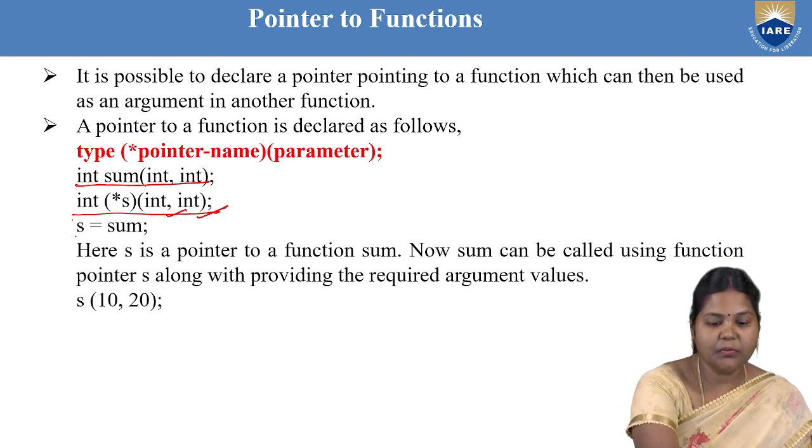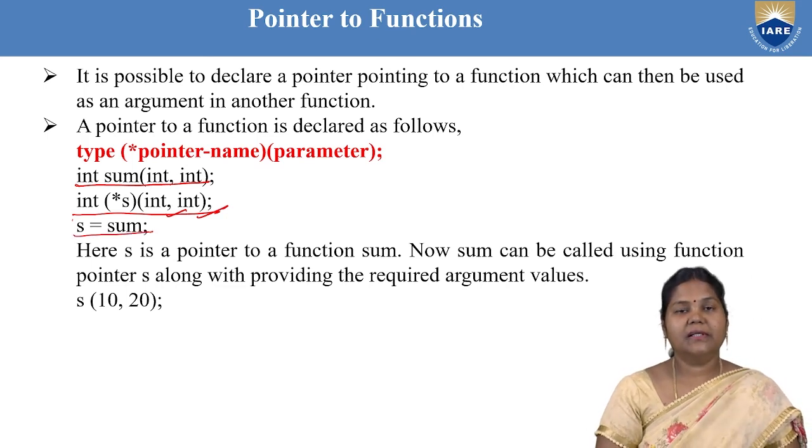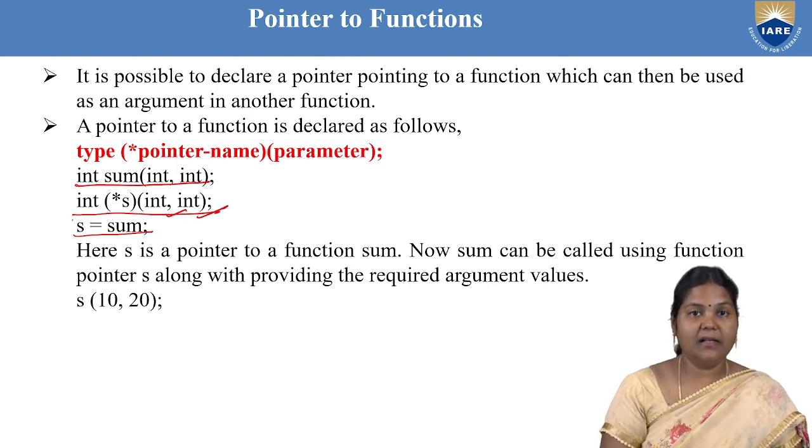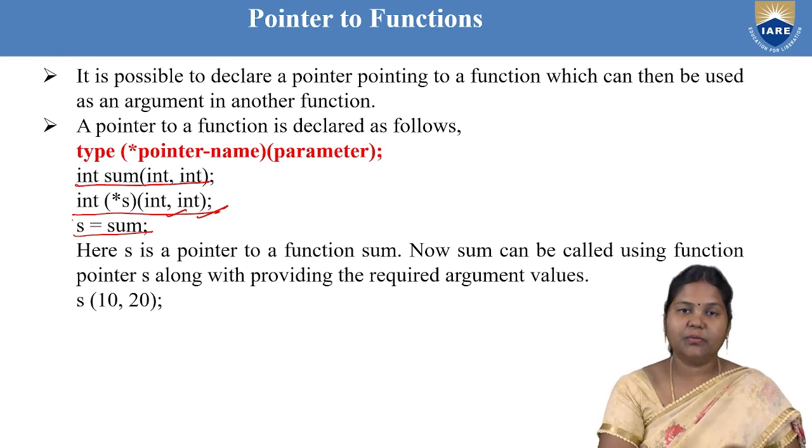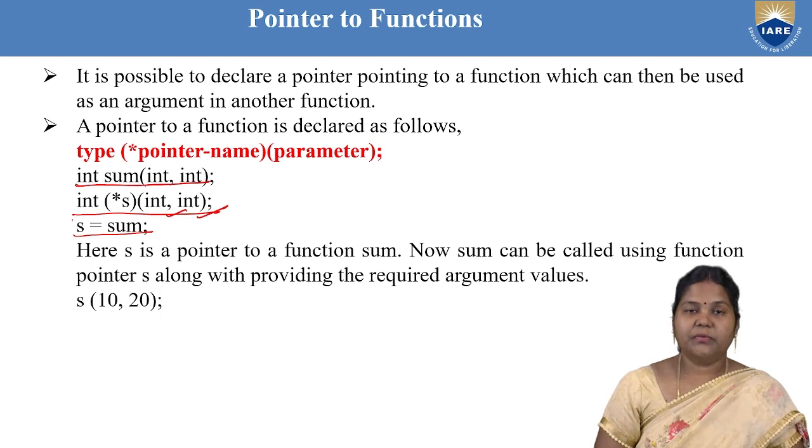Now here, how to assign the address? The assignment of the address of the function is done like this: s is equal to sum. That means the address of the function is assigned to the function pointer s. So this way you can declare.